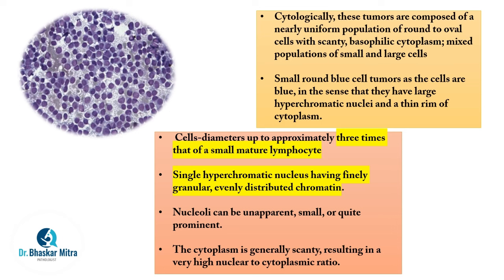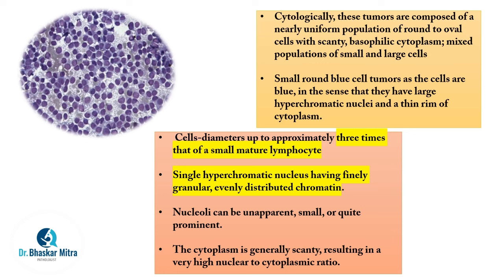Now, how do the small round cells look? Cytologically, these tumors are composed of a nearly uniform population of round to oval cells having scanty basophilic cytoplasm, and there is a mixed population of small to large cells.